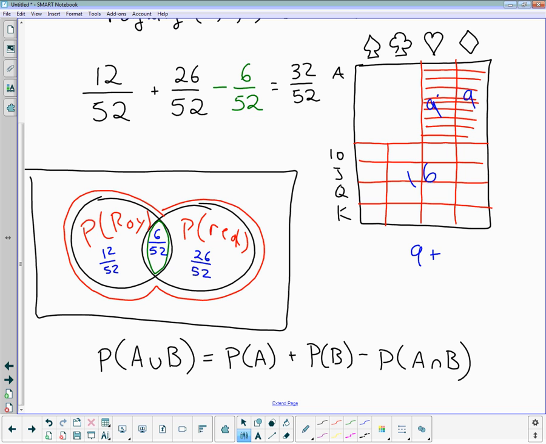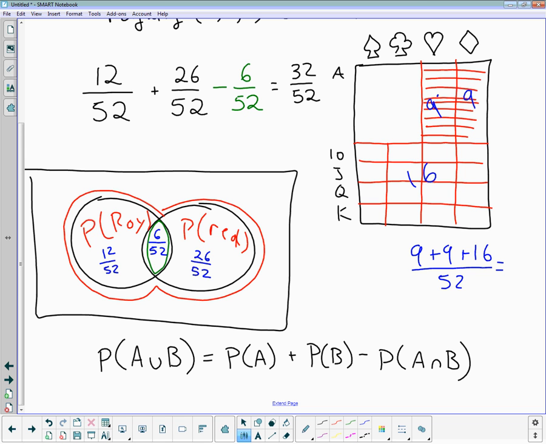So 9 out of 52. Ace through 9 and then 10s.